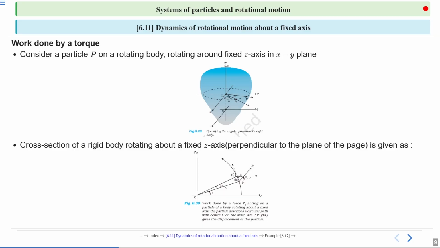The particle has a circular path with center C. The arc from P1 to P prime, the distance covered, is ds1, and this is the displacement of the particle. We know that in rotational motion the work is calculated as the applied torque times the angular displacement. Here the displacement is ds1.